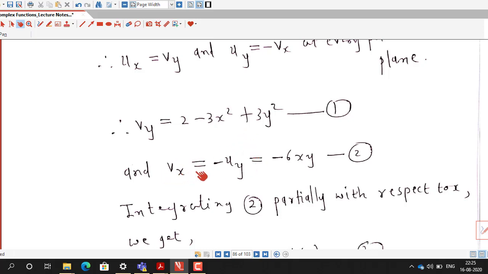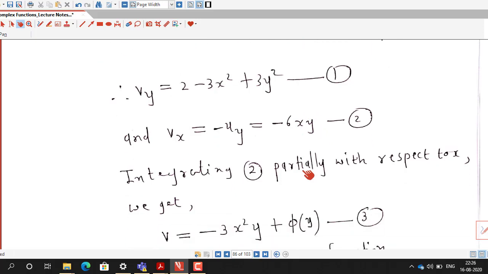If we start with equation 2, we have to integrate equation 2 partially with respect to x. So integration will be v equal to minus 6y is constant and integration of x will be x square by 2.